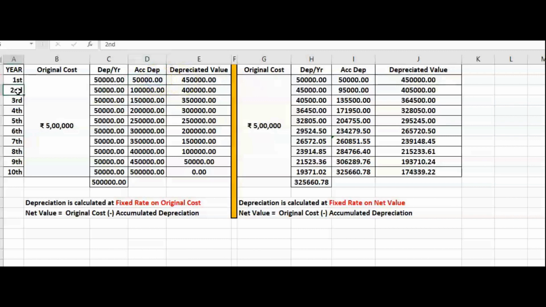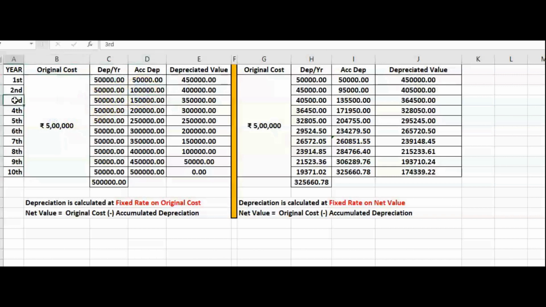Again, for the second year, depreciation will be calculated at original cost into rate of depreciation, that is 50,000. The accumulated depreciation at the end of the second year would be first year's accumulated depreciation plus depreciation for the year. And the depreciated value would be the original cost minus the accumulated depreciation.